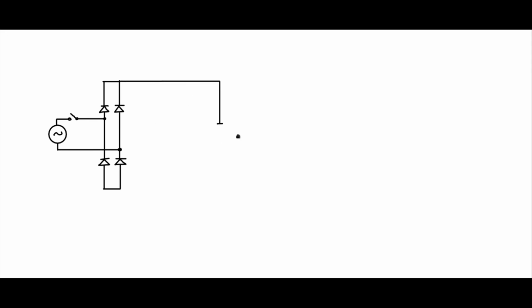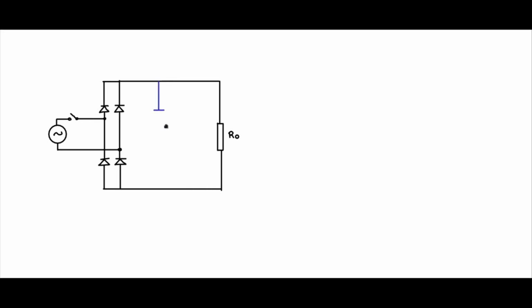And let me draw the load R0 first. So this is the R0 that we connect across the rectifier. Normally we would have connected a capacitor like this. However, we want to modify this into a power factor improvement configuration.